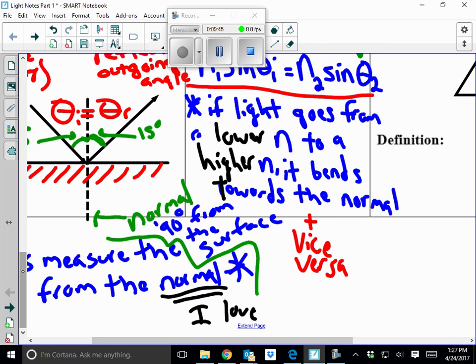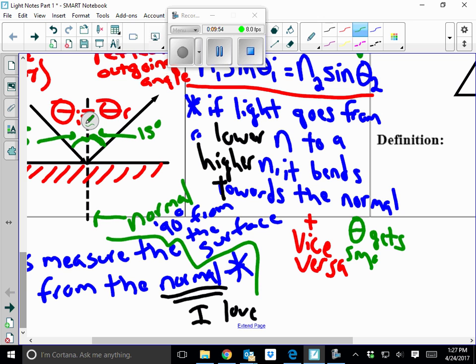Actually, I didn't write that earlier in class, I'll write that here. So the angle gets smaller if you're going from a lower index to a higher index, and vice versa. The angle will get bigger if you're going from a higher to a lower. So that's a really good way to analyze what's going on.